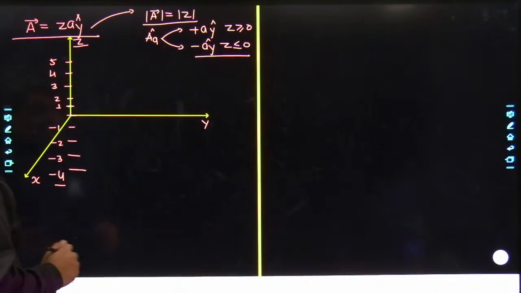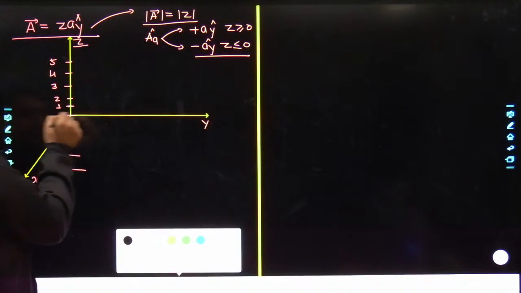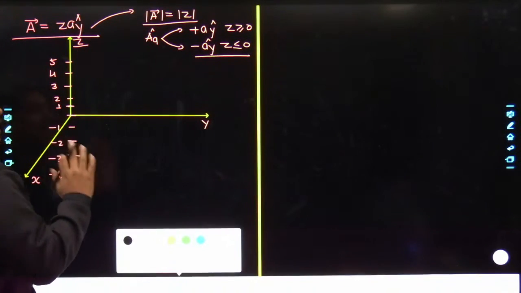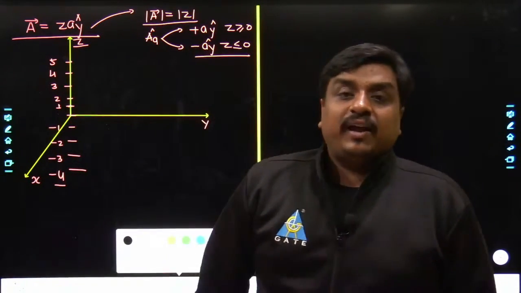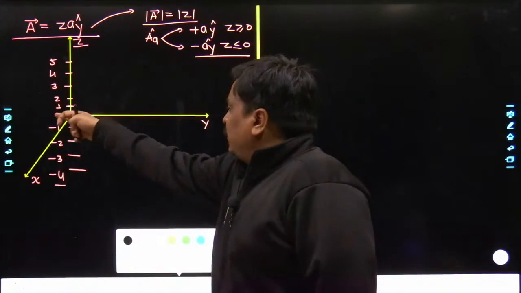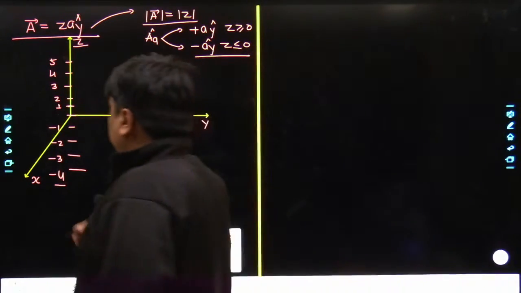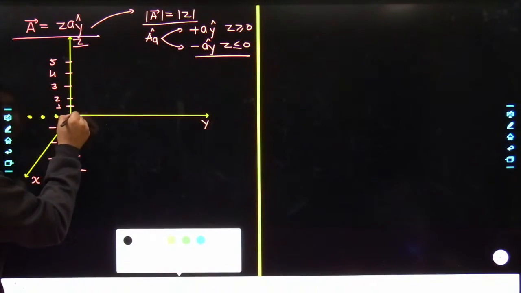Now let me do one thing. This is the axis which we call the y-axis, towards this positive, towards this negative. As we talked about in the last question, on the y-axis the values of x as well as z would be 0. If the value of z is 0 over the y-axis, definitely the magnitude gets 0. Put together, the magnitude is simply going to be 0.